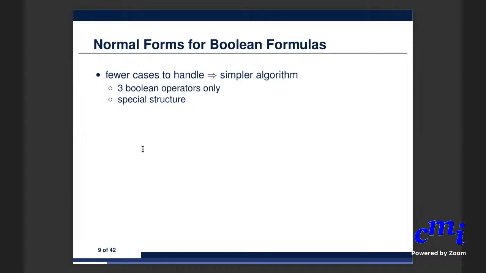So, SAT solvers, in general, use normal forms for Boolean formulas, because you've heard of various normal forms, and the normal forms come in handy because they are ways to represent any Boolean function with a limited fixed set of Boolean operators, and they usually have special structures which come in handy to automate this decision problem.